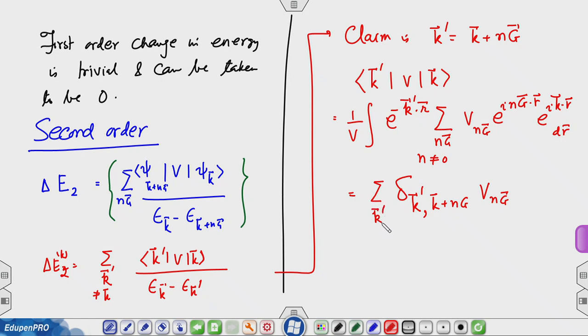This is non-zero only for that k prime, so I don't have to sum it over k prime.